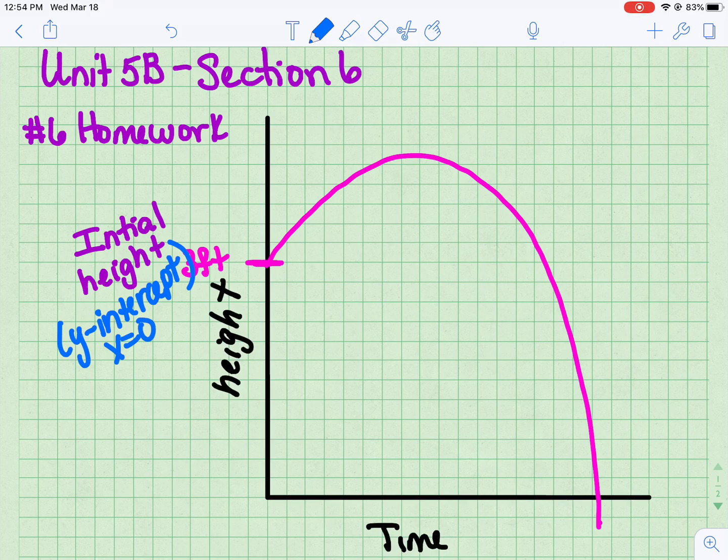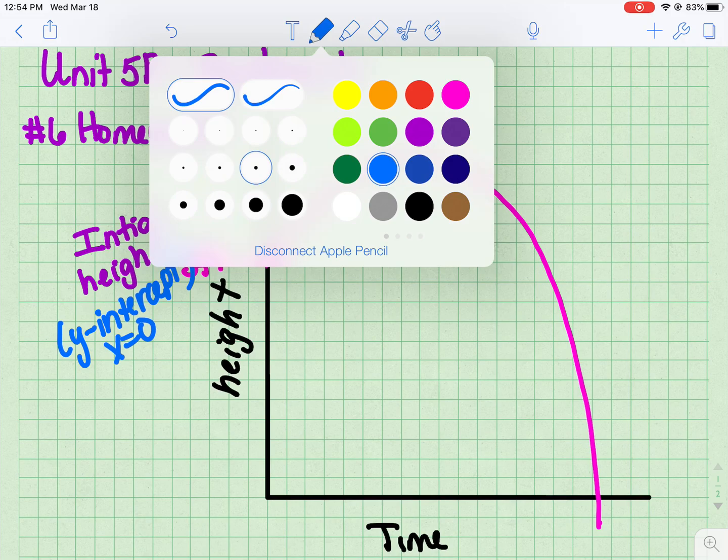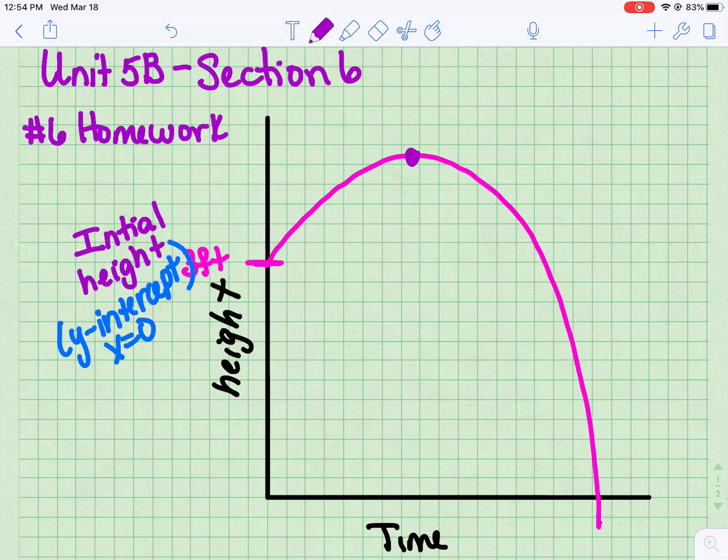Okay, let's think about the vertex. The vertex can be a maximum or minimum. A lot of times we're talking about trajectories, it's going to be a maximum. Okay, so remember, to find a vertex, there's a couple ways you can use your graphing calculator. You can use x equals negative b over 2a to get the x value. There's a couple different ways you could do this.